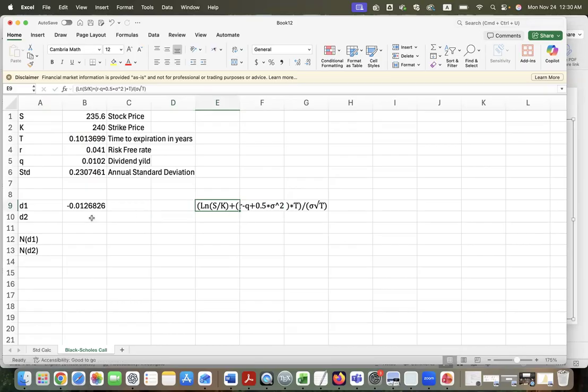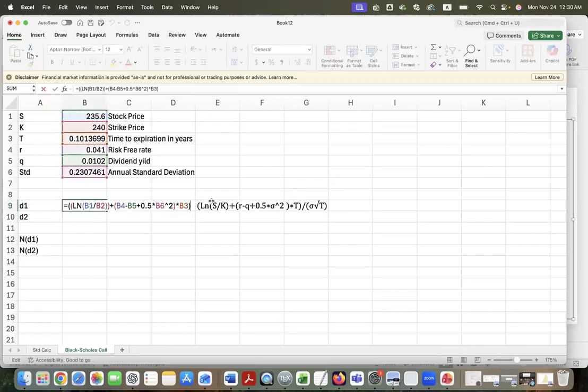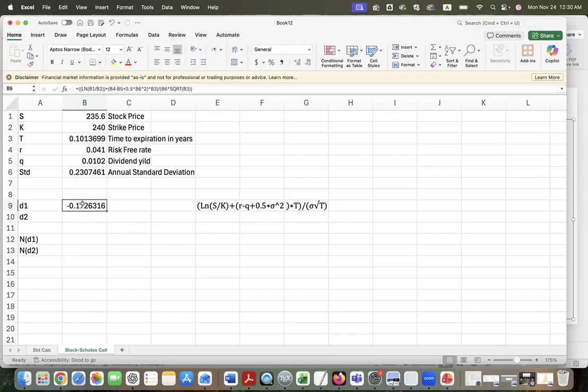And then the denominator, let me just add also the denominator is sigma, which is STD, times SQRT of T. So that's D1.